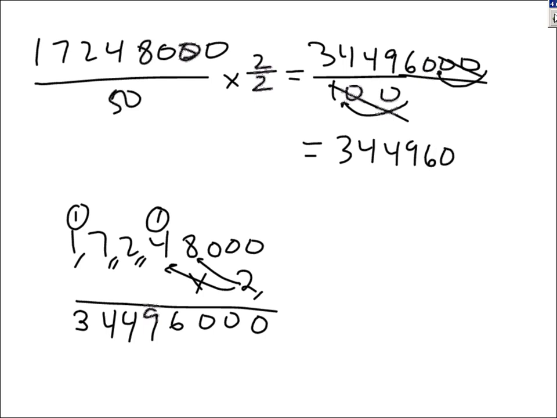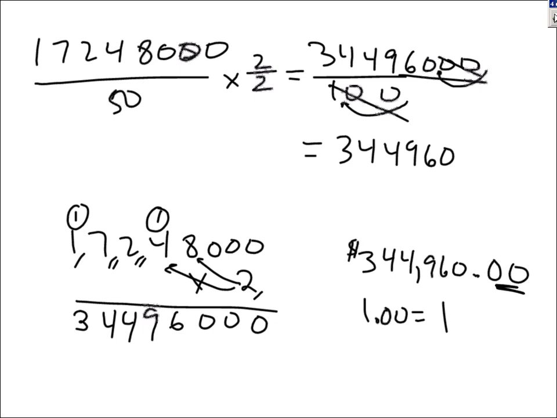You don't have to bother saying 0.00. Just like $1 is the same as $1.00. That is 1.00 is the same as 1. 344,960, say, dollars can be written this way, or it can be written that way.